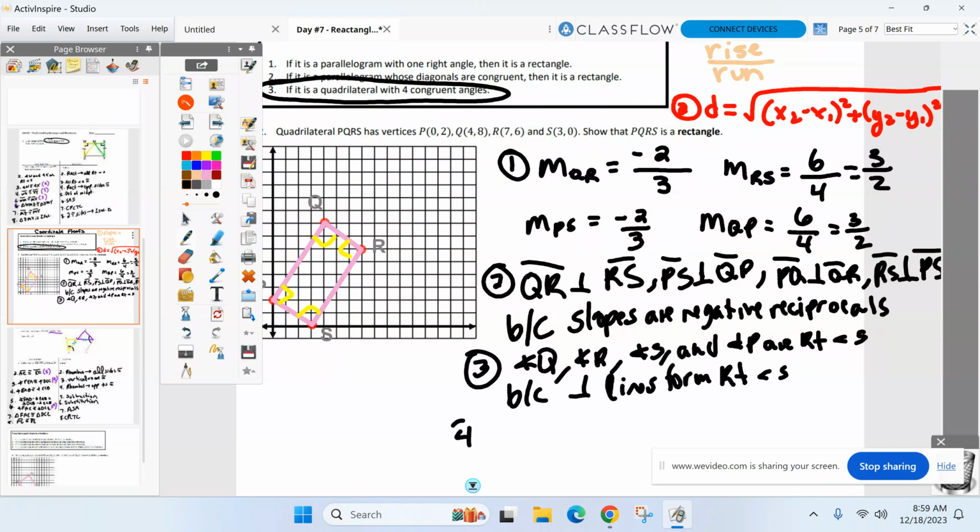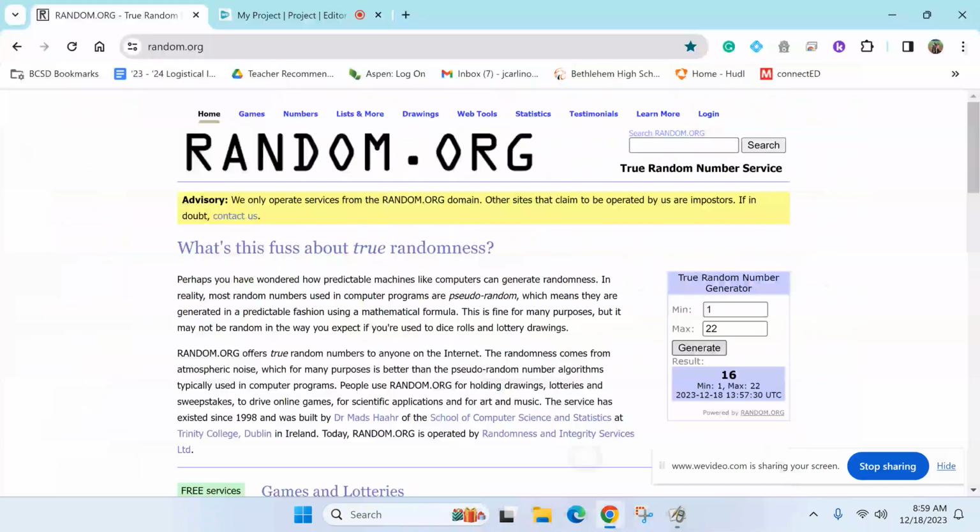And then let's finish this now. They're all right angles, so we know PQRS is a rectangle. Because, in your own words, how do we know it's a rectangle? Nothing about the slopes. Use what we just wrote down. How do I know PQRS is a rectangle now?